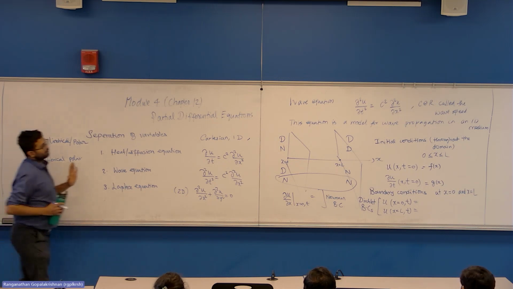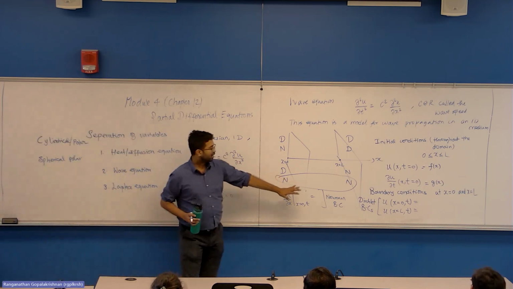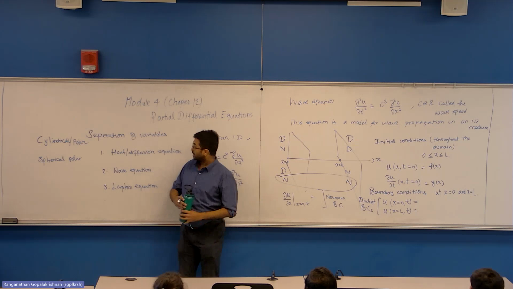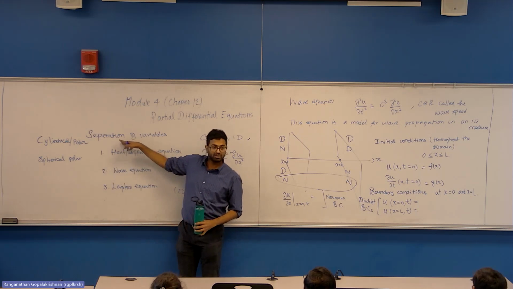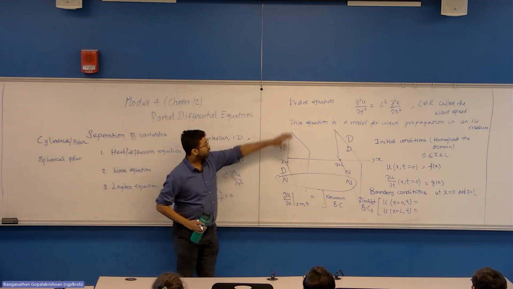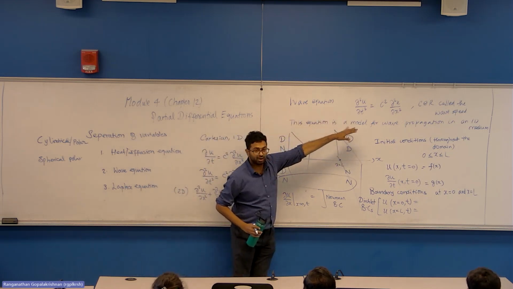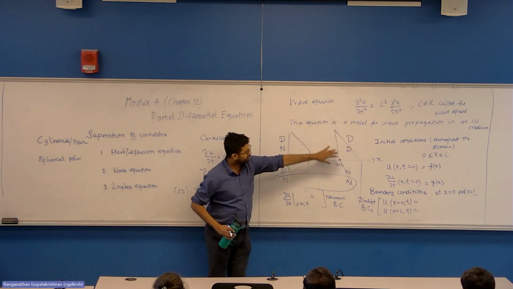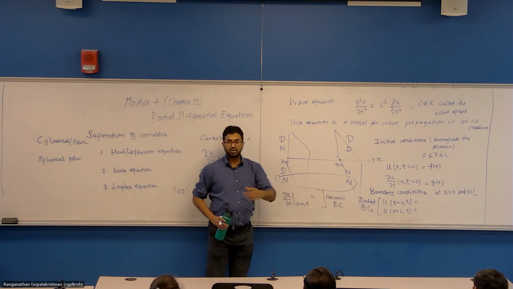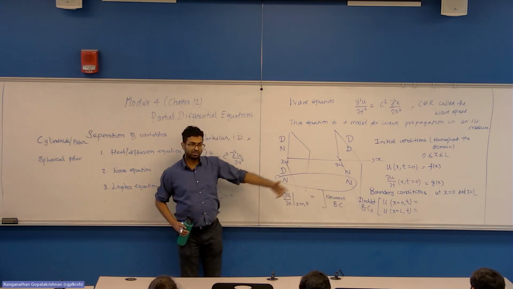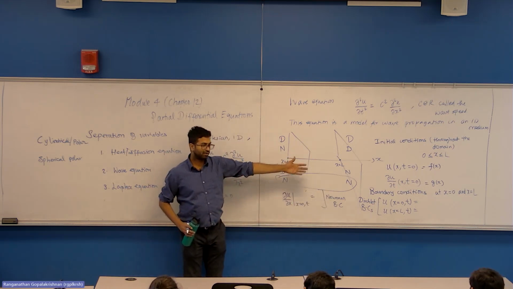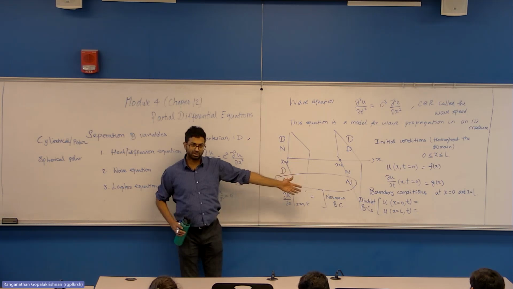So far, whatever I have said has nothing to do with this technique called separation of variables. All I told you is we have a PDE which has both time and spatial dependence, with initial and boundary conditions. You could be a CFD expert. You could discretize this and solve it. That would make this a numerical solution.